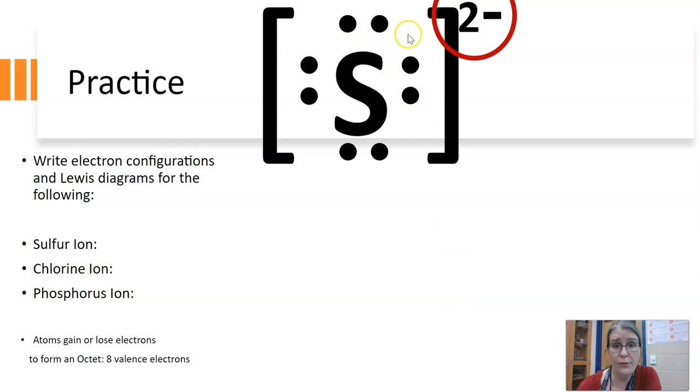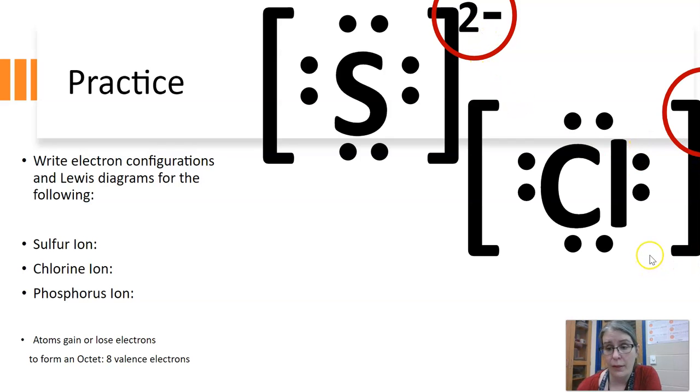Well, sulfur would have 8. To get to 8, I added 2 extra negatives. So that sulfur now has 18 electrons, but only 16 protons. It has an extra 2-.